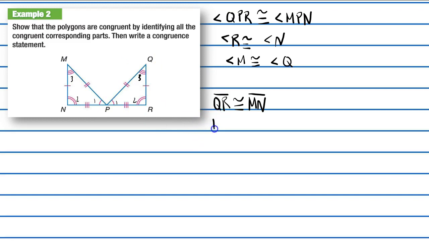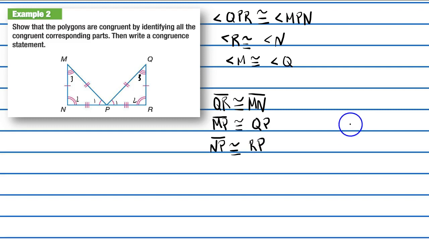So MP is congruent with QP. Then I have one more side that is congruent. So NP is congruent with RP.